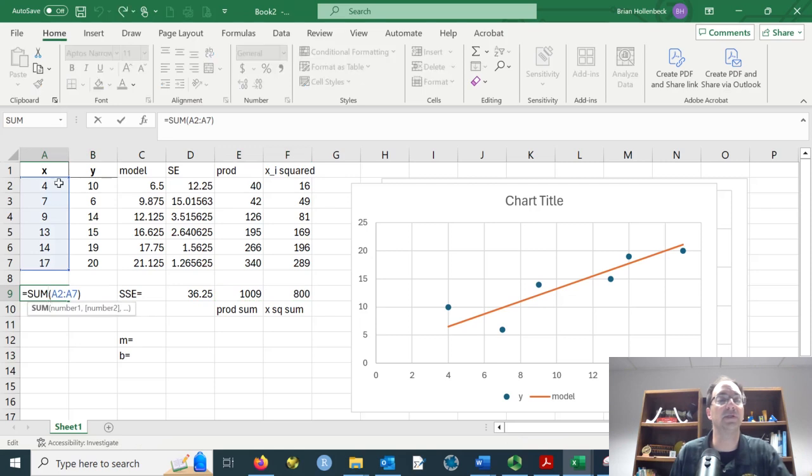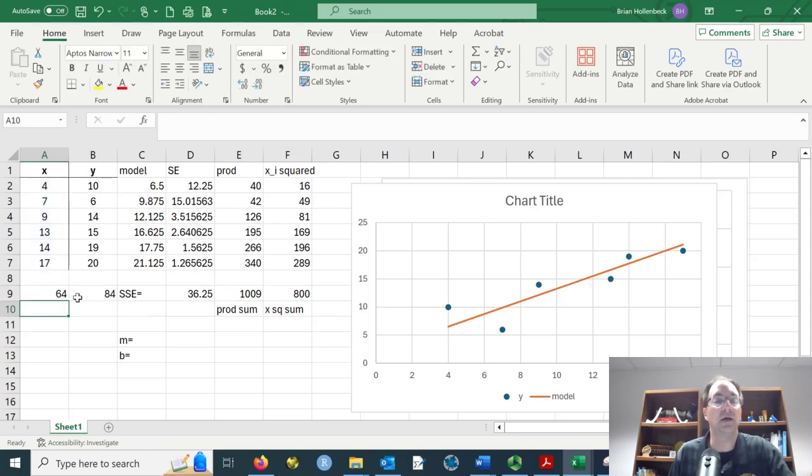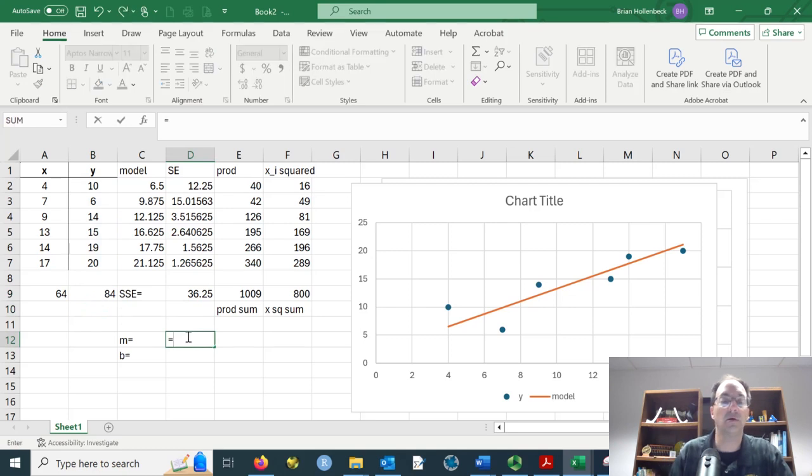All right, so notice this is the sum of the xi's, and this is the sum of the yi's. So now we can do our formula. So 6 times the product sum minus the sum of the xi's times the sum of the yi's.